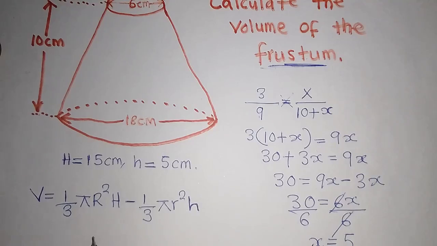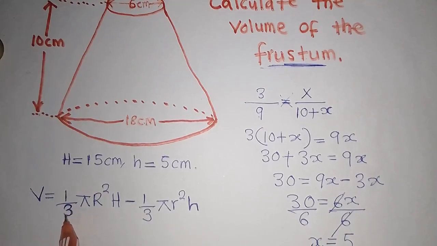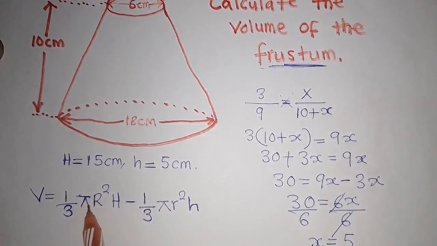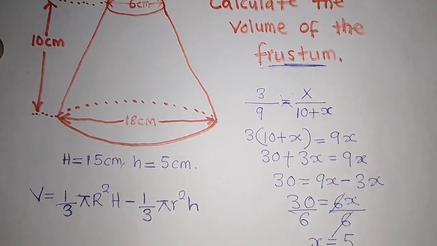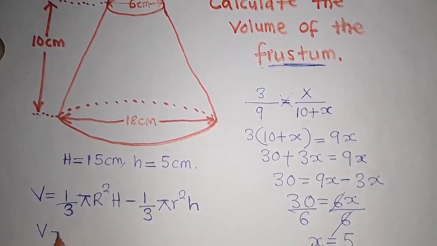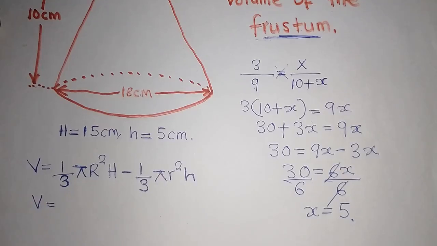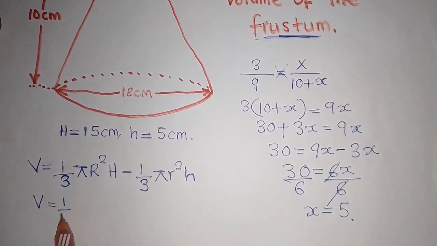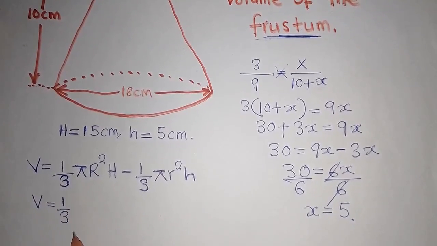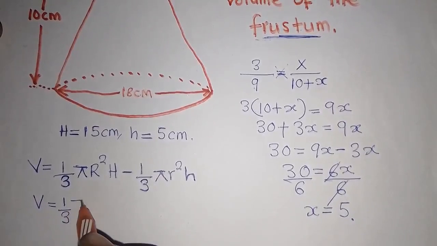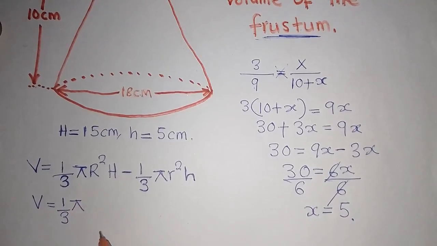You know that 1 over 3 is constant. Even here 1 over 3 is constant. And pi is constant. Even here pi is also constant. So you can say the volume of a frustum is equal to, and I want you to be used to this formula, 1 over 3 pi, since pi is constant, like this.